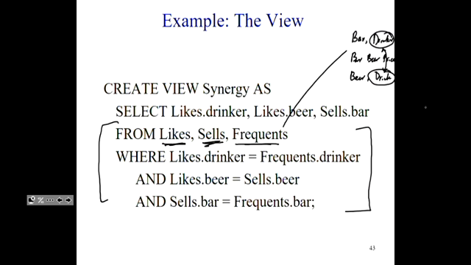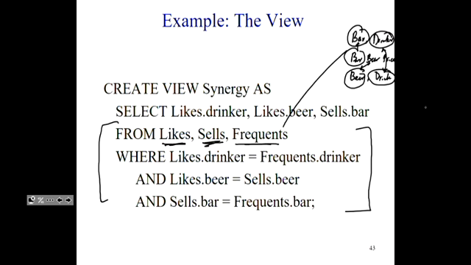Likes.beer is equal to sells.beer, these two are related. And sells.bar is equal to frequents.bar, so these two are related. So we're just ensuring that all of the attributes that are in common have the same values. Okay, so this is essentially a natural join of those three relations. Good so far? Okay.